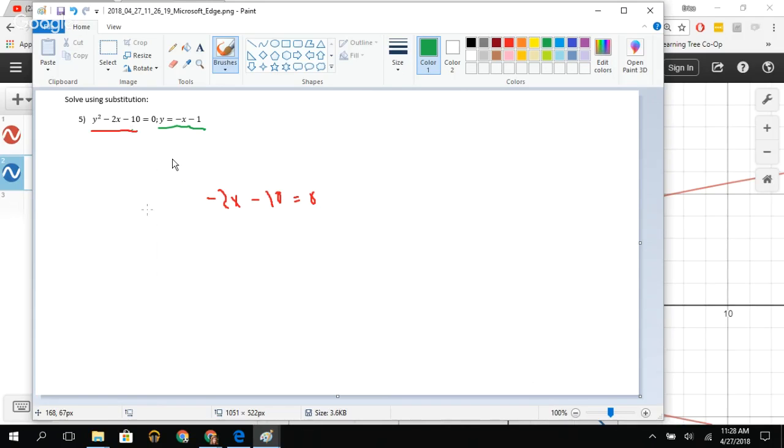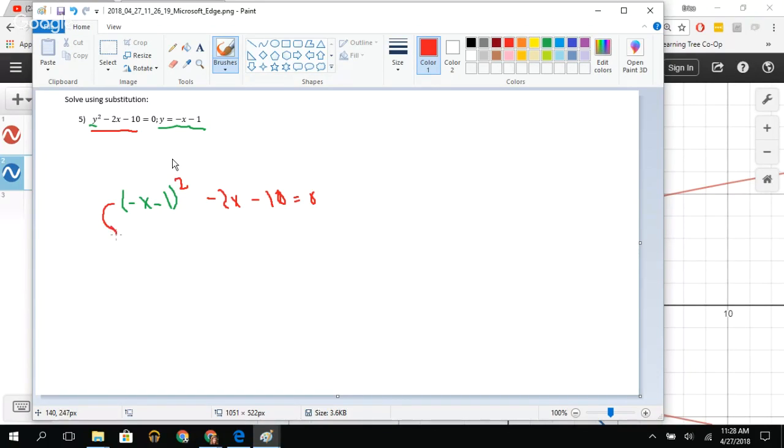For y squared, I'm going to put in -x minus 1. Okay, that's going in for my y. And then I need to square it, because that's what my equation says: y squared minus 2x minus 10 equals 0. Okay, so this is a 10, not an 18. Sorry for the crazy number. 10, there we go. So what I need to do then is simplify.